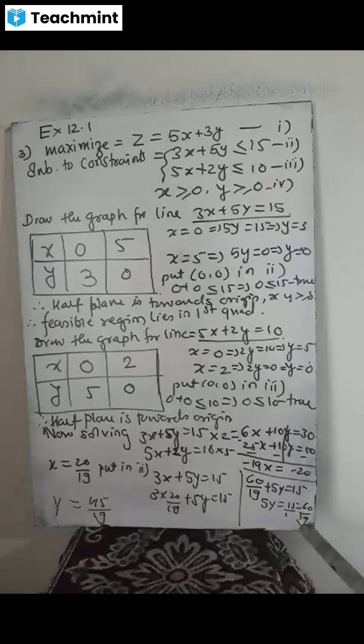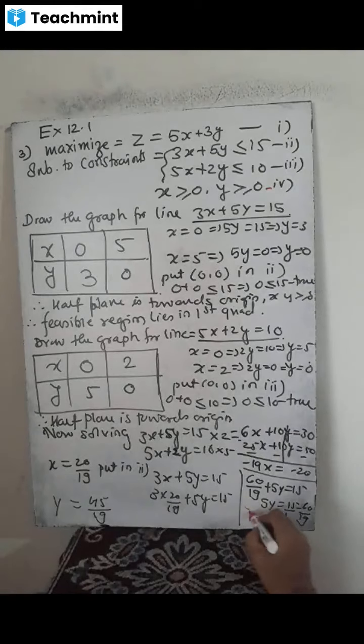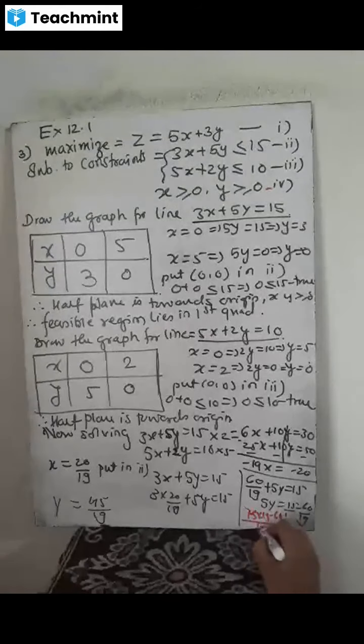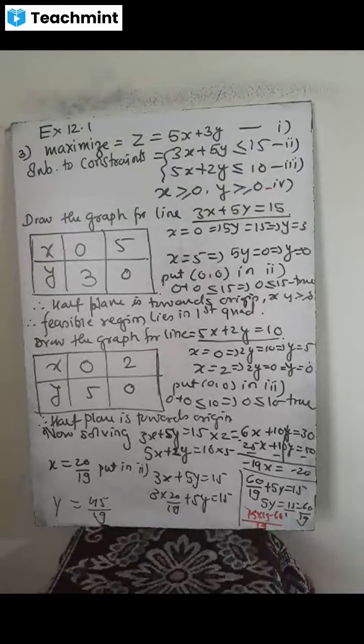Taking 19 as the LCM, it is (15 into 19 minus 60) upon 19. Do the subtraction here, and you will get the value of y as 45 by 19. So this is how we got the value.